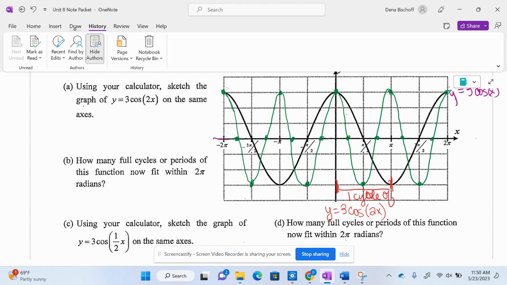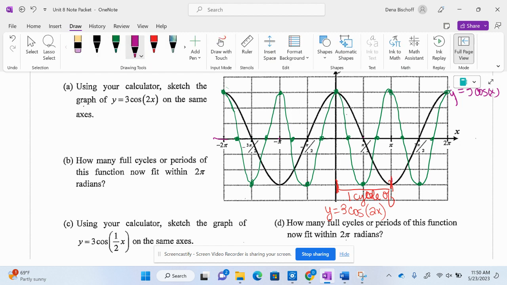When we talk about the period, the word period means how many cycles fit in a 2 pi. So this is the horizontal distance of 2 pi. How many cycles of that green graph fit in there? How many cycles fit in that 2 pi? 2 of them. Look, I go down and then I come back up. That's one cycle. I go down and I come back up.